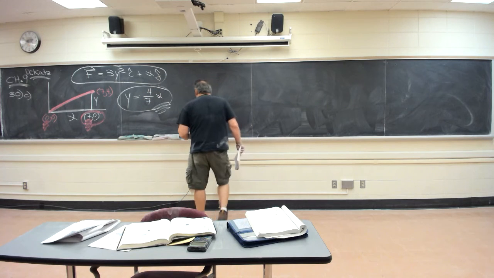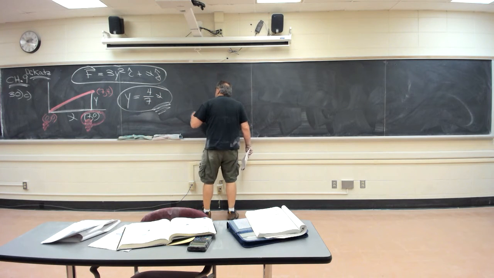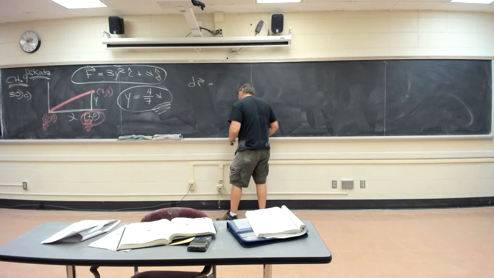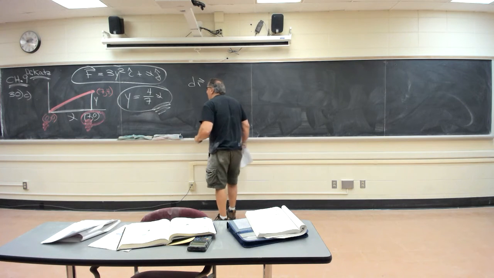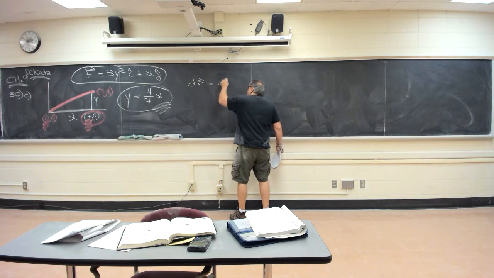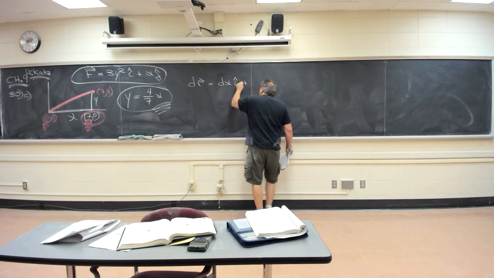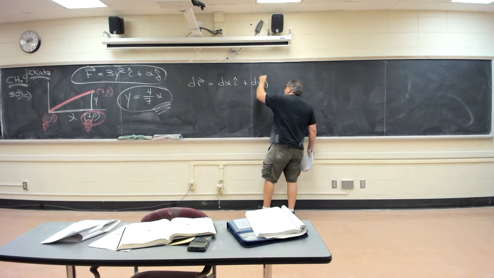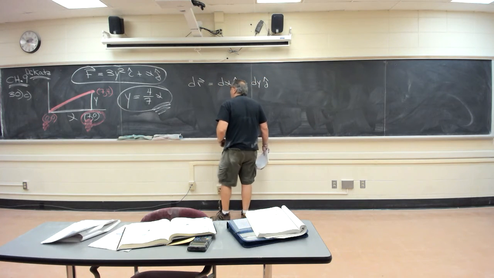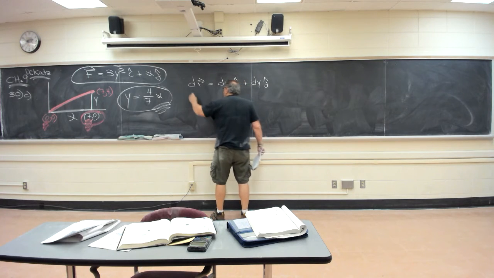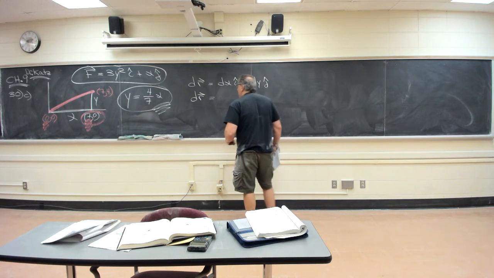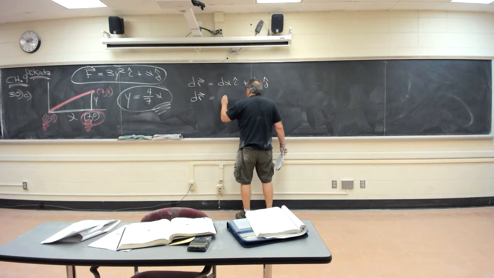What are we talking about here? Well, dr vector, there's a lot of ways you can go here with this one. It's dx i hat plus dy j hat. So dr vector is going to be dx for every movement of x.